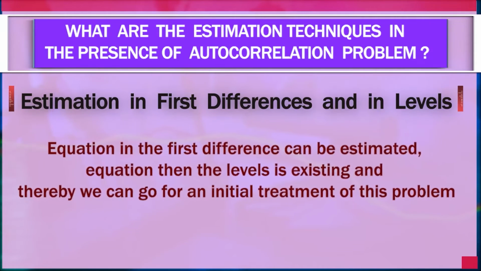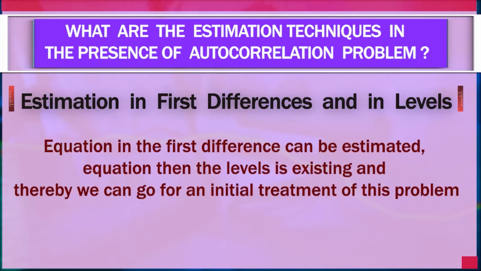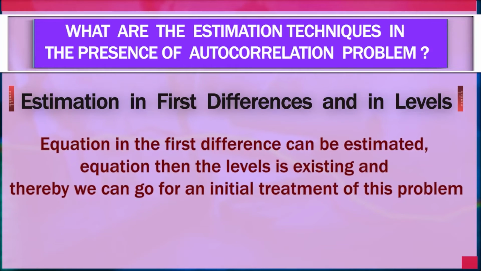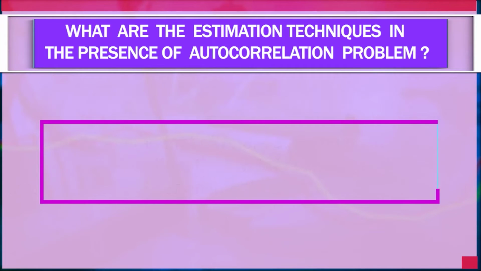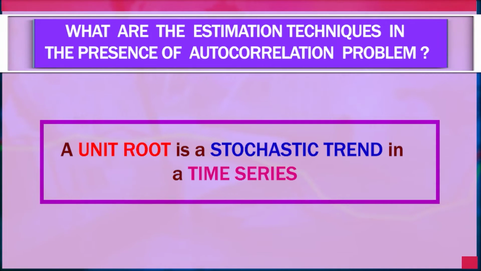But the problem is not so simple to get diagnosed so easily. So we need to check further with a confirmatory test, which refers to checking the unit root. Unit root means that whenever we are saying that ut is dependent on ut minus 1 and there is an autocorrelation coefficient rho, we check whether rho is equal to 1, unit meaning 1, or it is not equal to 1.